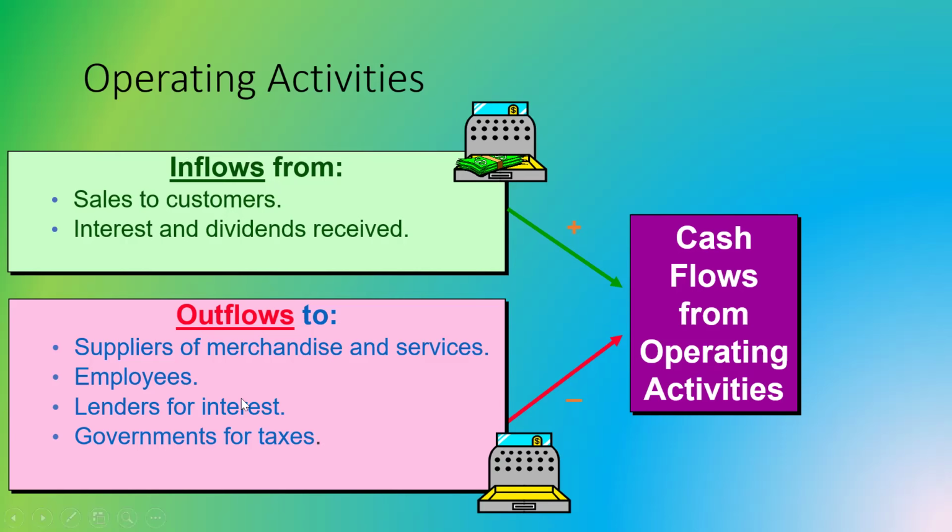Then lenders for interest. If the company has borrowed money, it needs to pay interest on that, so this is part of operating activities. Then governments for taxes. Taxes are also outflows and are part of operating activities.